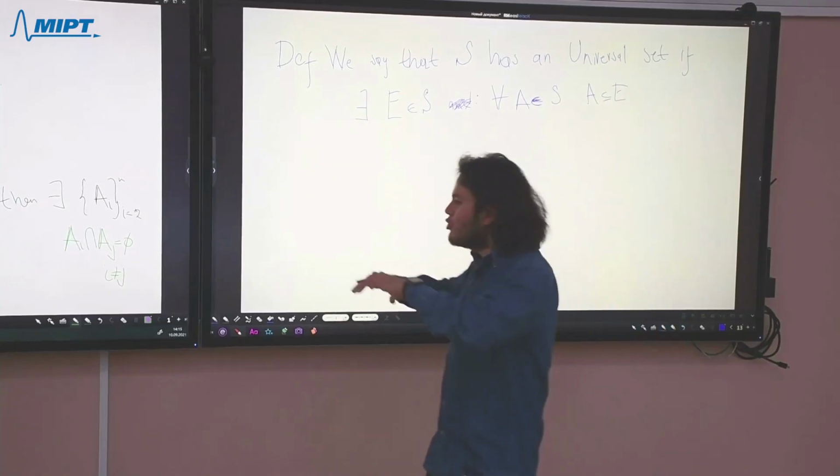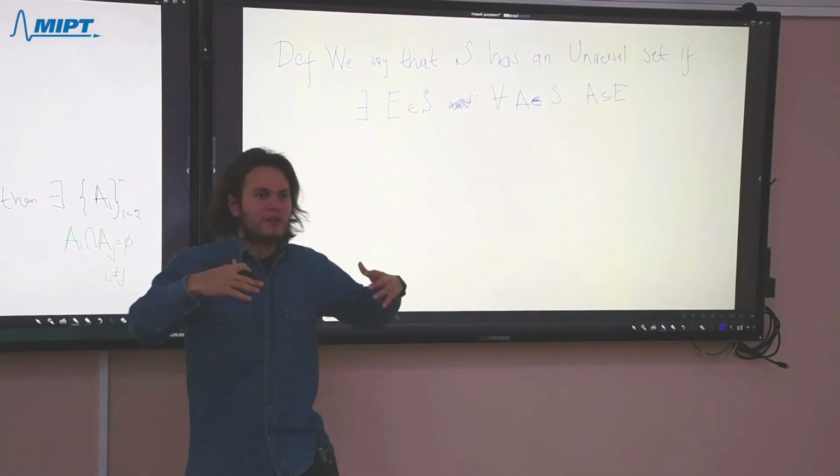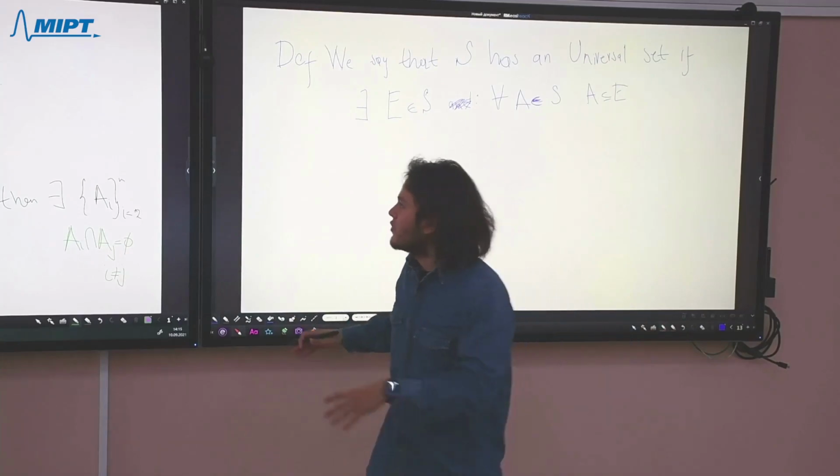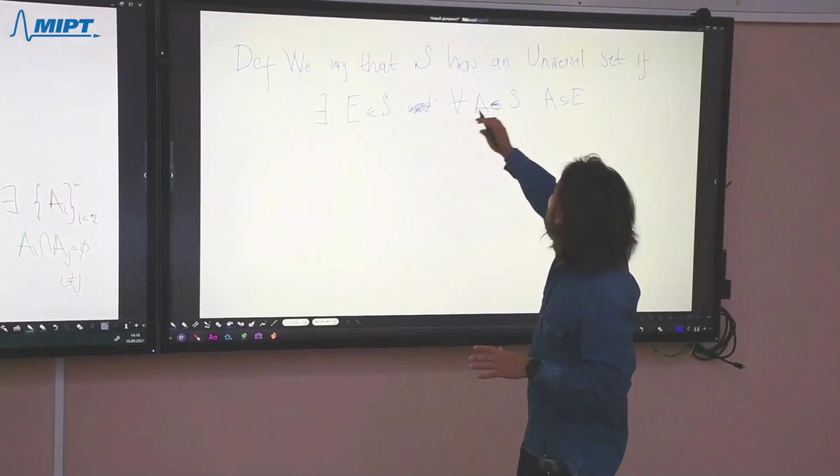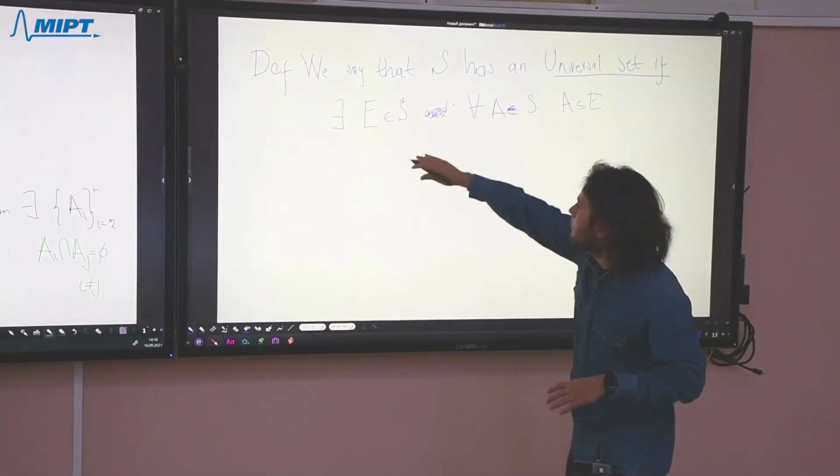So we have a universal set, a set which contains all the other sets, okay? So we have a semi-ring, and then we have a semi-ring with a universal set, E.